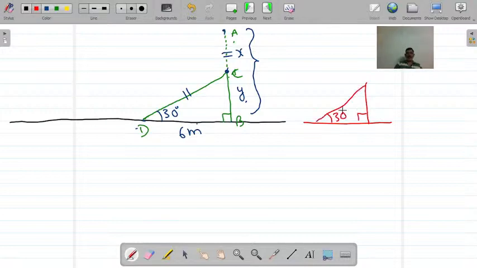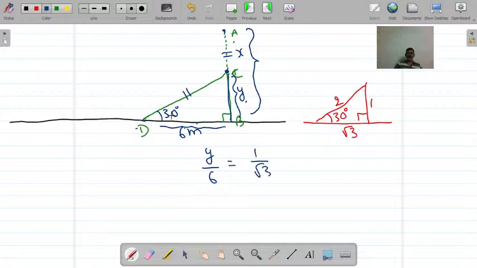When the angle is 30 degrees, the ratio of sides is 1 to root 3 to 2. Now here you compare these two triangles. Here if I take this side, this is unknown, this is known. So y by 6, this part by this part I am taking. So in this triangle also you have to take the same, equal to 1 by root 3.